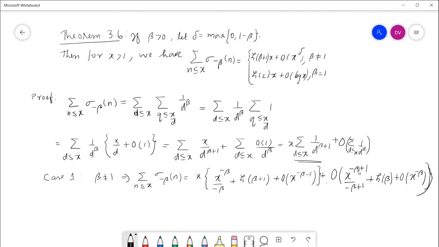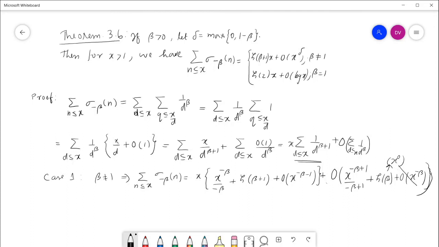And if we consider these first two terms, if 1 minus beta, this is actually a function of order x raised to 0, or O of x raised to 0. So among these two terms, if 1 minus beta is less than 0, then x raised to 0 dominates. Otherwise 1 minus beta dominates.